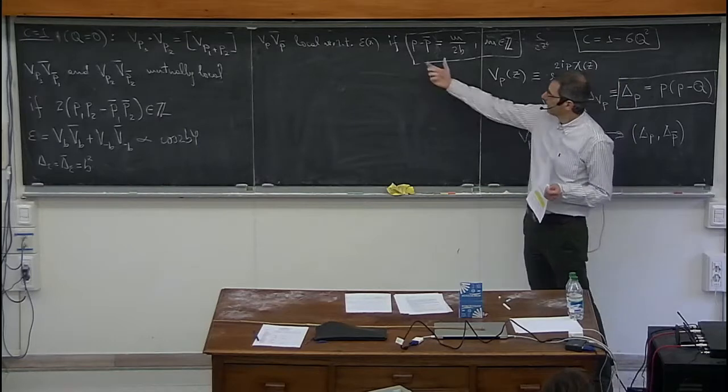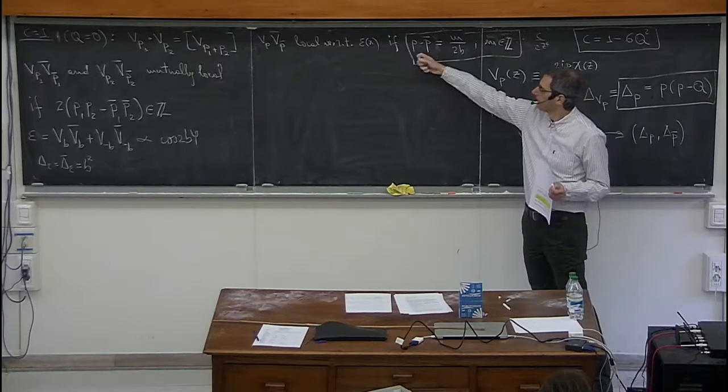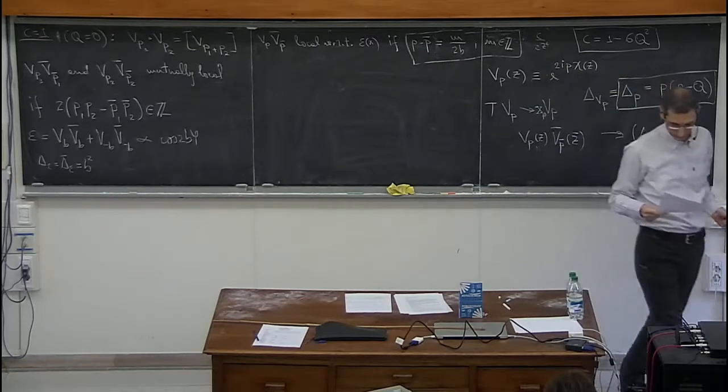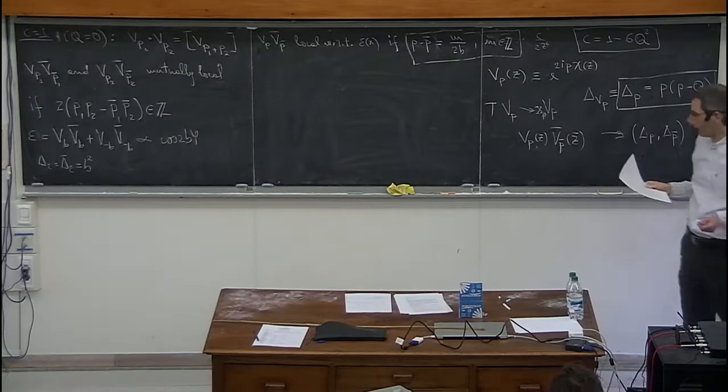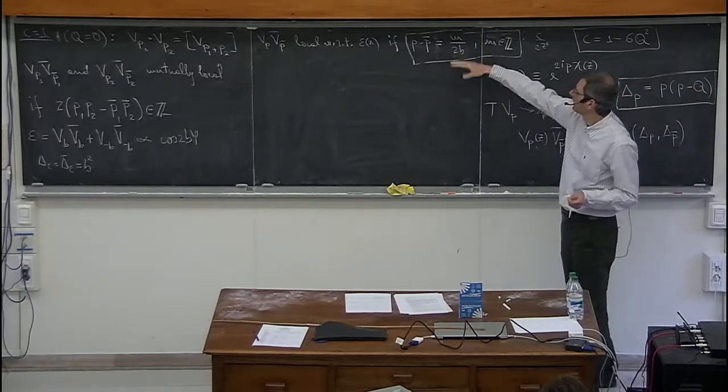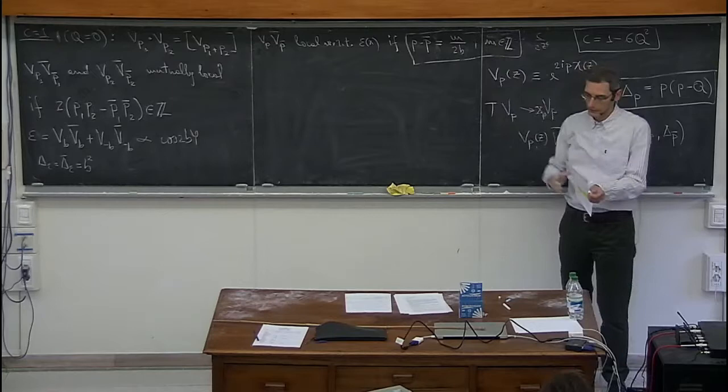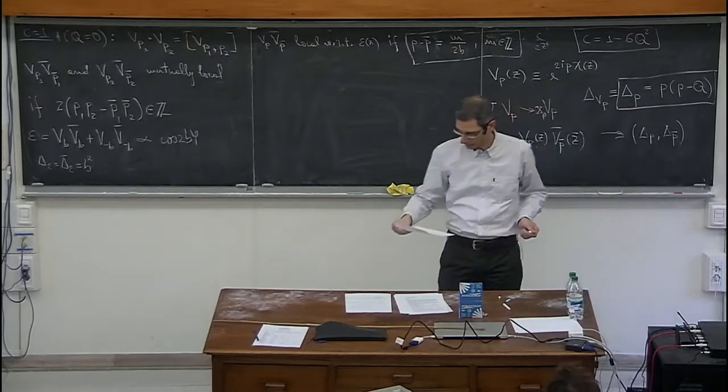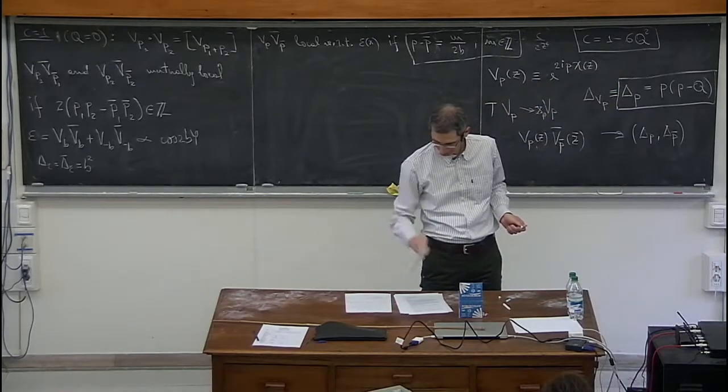So all the fields we will consider need to satisfy this condition. And it follows from what I say that they will be scalar only if m is equal to 0. Otherwise, they have some spin.